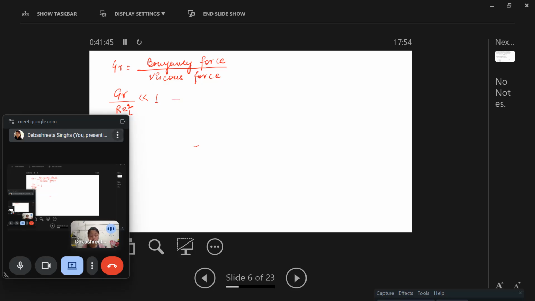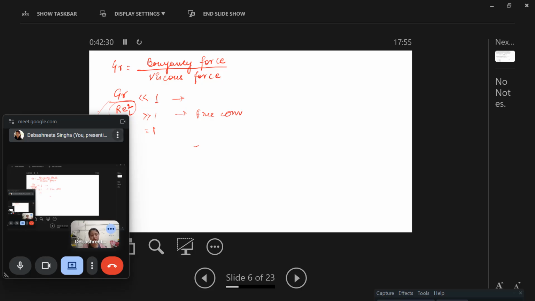So if it is less than 1, the forced convection will dominate, because the Reynolds number will dominate. If it is much greater than 1, it is free convection. And if it is almost equal to 1, then both are equally important. If it tends to infinity, that means the denominator is 0, so this is purely free convection.